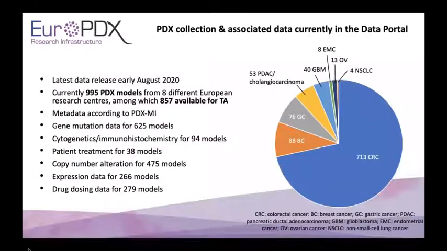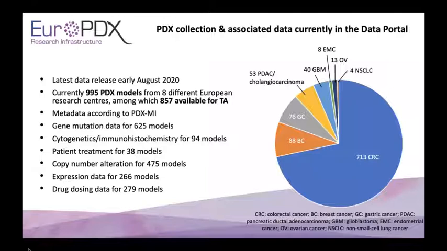Before I go to the data portal to show you some basic features of it, I just want to give you an outline of the PDX collection and associated data that are currently included in the repository.